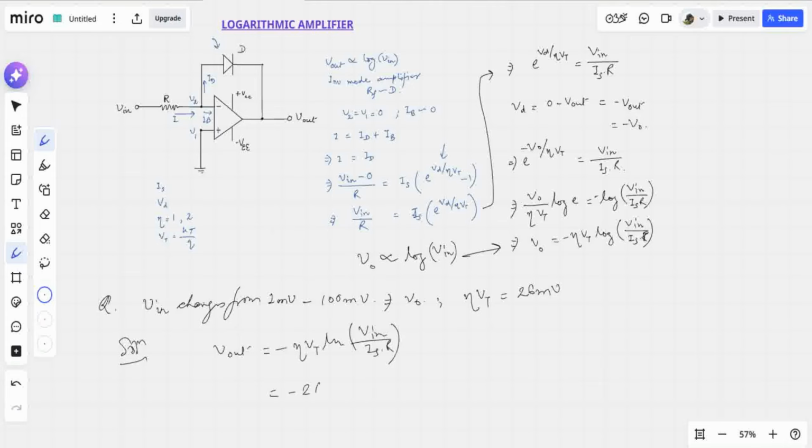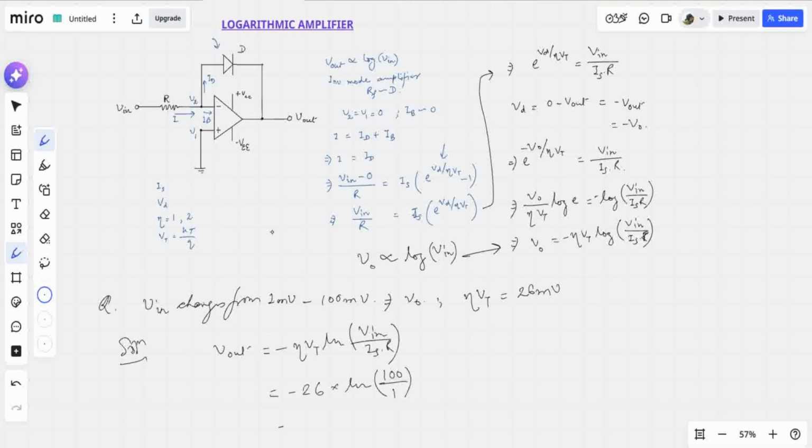So now put in the values. This is minus 26 into ln. The change in the voltage is from 1 millivolt to 100 millivolt, so it will be 100 by 1.